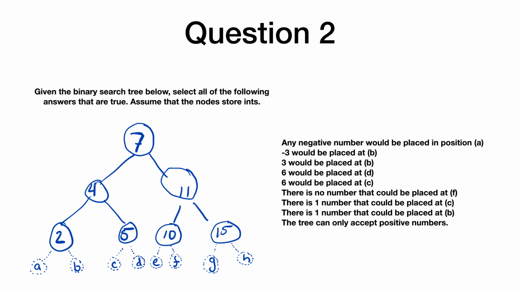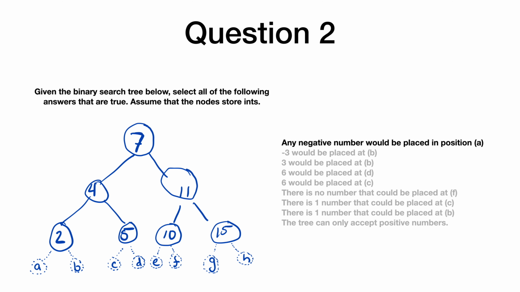So again, I would break this down and really deal with it like a bunch of individual true and false questions. So that means we should start at the beginning. And the first one says, true or false, any negative number would be placed at A. Well, we know it's a binary search tree. So we know that from the root, which is 7, any negative number would be smaller, which means we would have to go to the left.